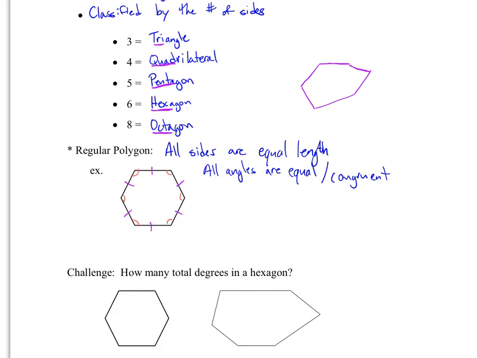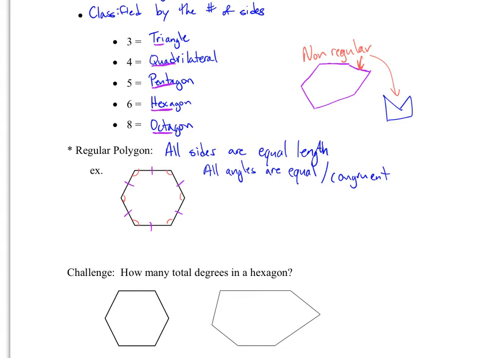So we call these non-regular. You could draw another one. What if it's like this? All the sides and angles aren't necessarily the same there. So those are non-regular. We have regular ones that are all equal and non-regular ones that aren't all equal.